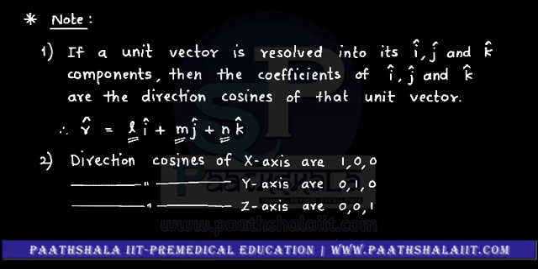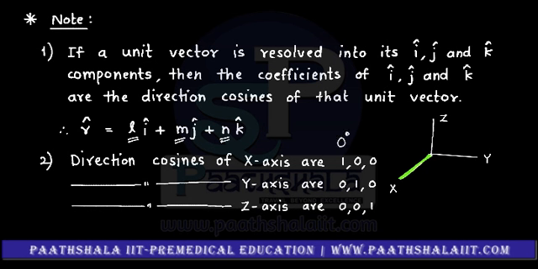And direction cosines of x axis are 1, 0, 0, y axis are 0, 1, 0, and those of z axis are 0, 0, 1. Here also it can clearly follow if we draw the figure. Let's consider x, y and z axis. Now suppose we want to consider the direction cosines of x axis. Let me show the x axis in green. Now the angle which x axis makes with itself is nothing but 0 degrees, isn't it?